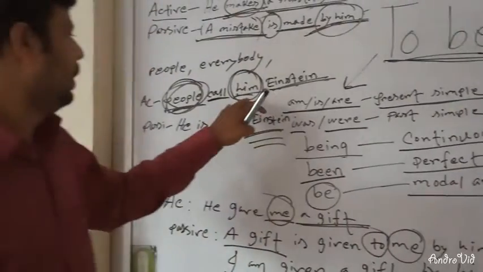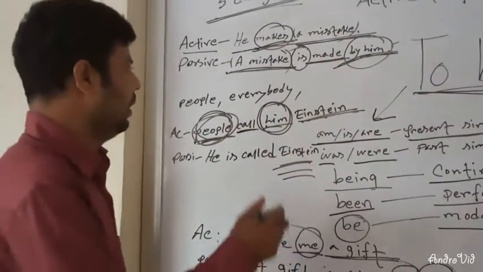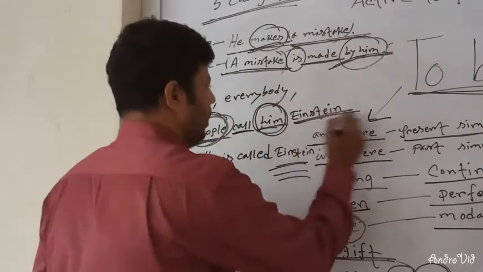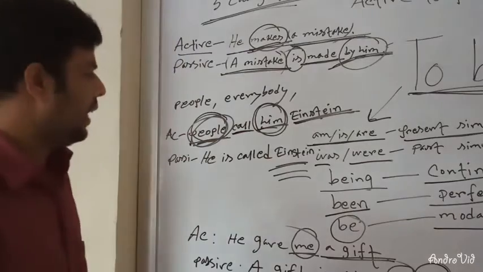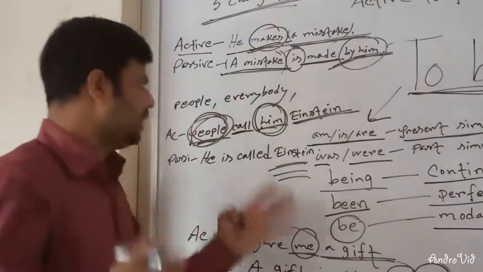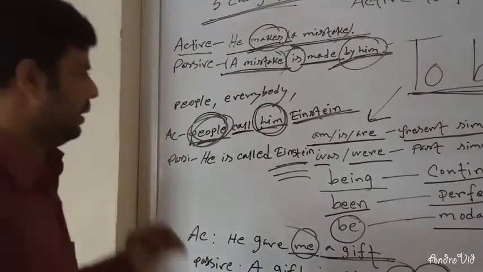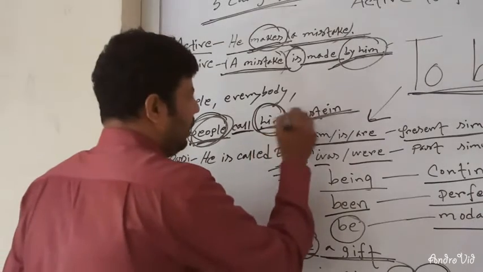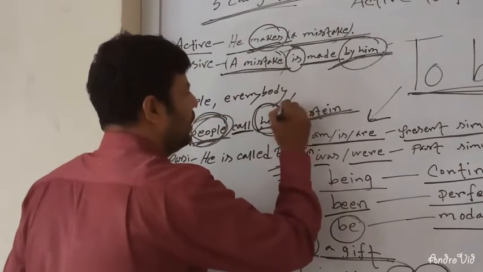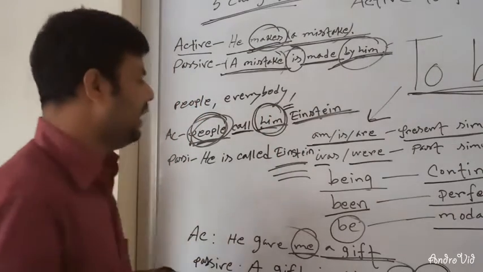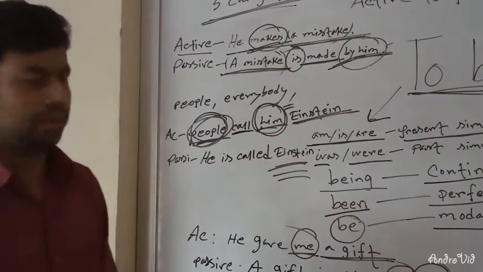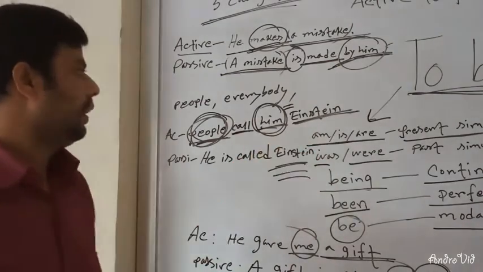But if you have an object and complement, like in the example, people call him Einstein. How do you identify a complement? How can you distinguish object from complement? That is a big question. In order to identify it, you can just give an equal sign. If him and Einstein are the same person, then you have to guess it.